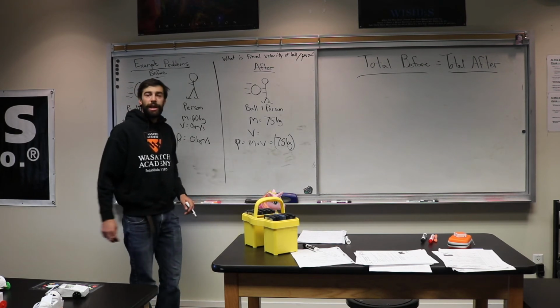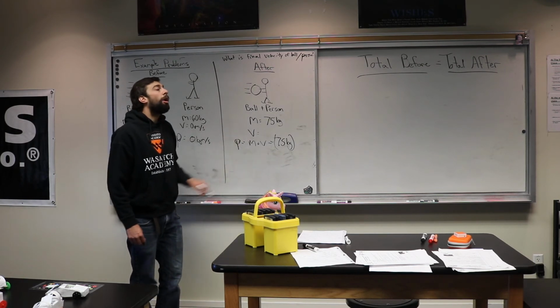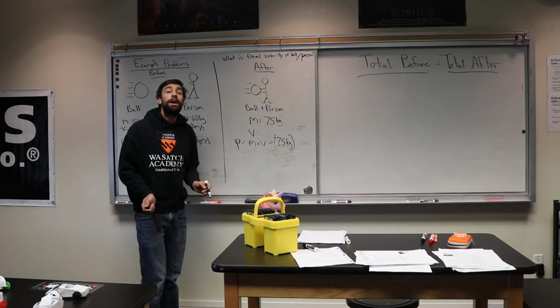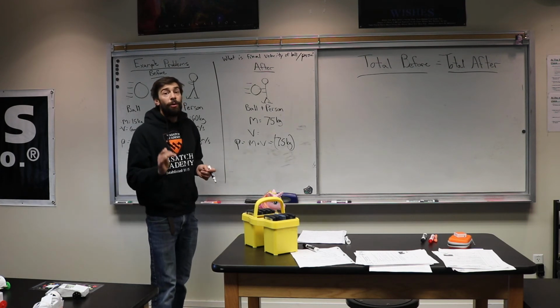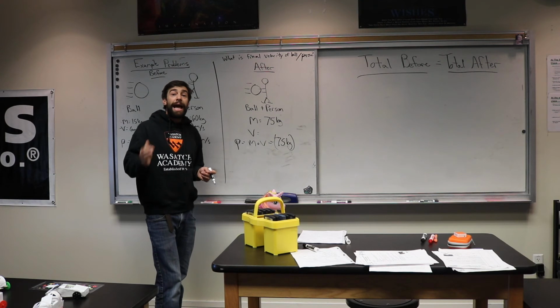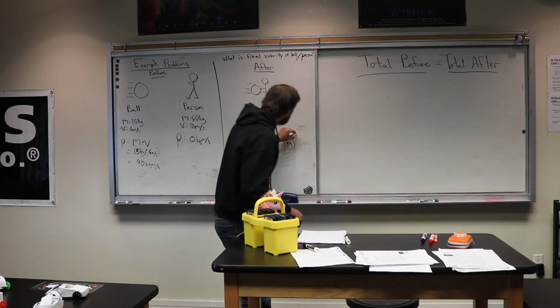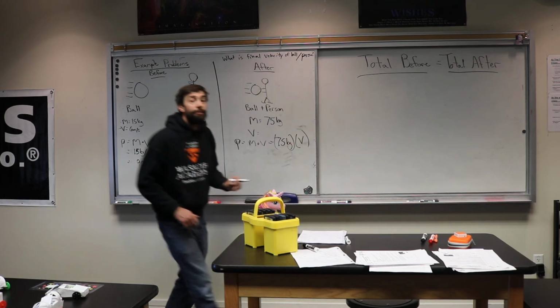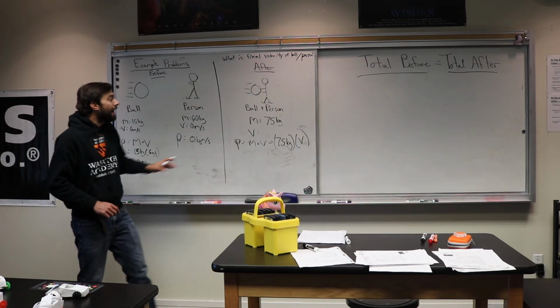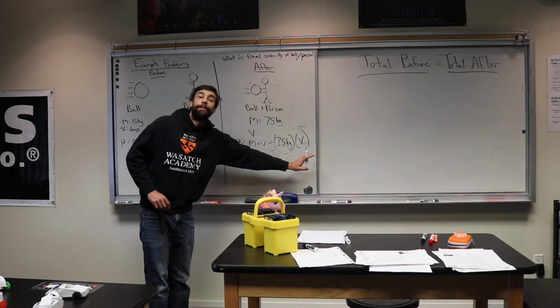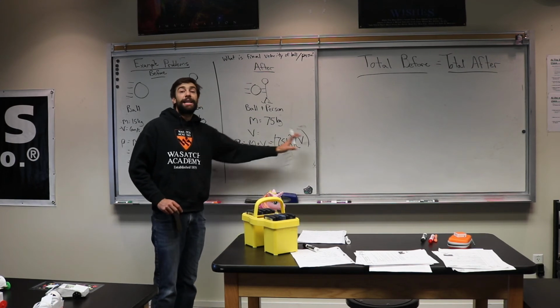How can I figure out the momentum? Oh, we're solving for the velocity. One thing I want you all to know is if I don't have a velocity or don't have a mass or anything like that, just put the variable there. So we have velocity. Now our momentum is 75v, 75 times the variable v.